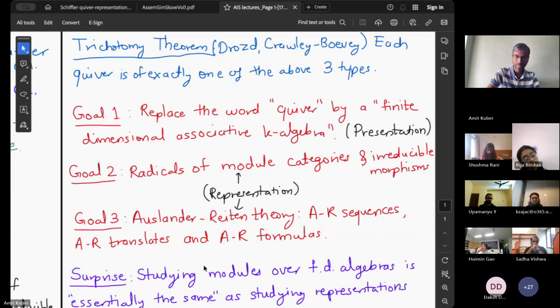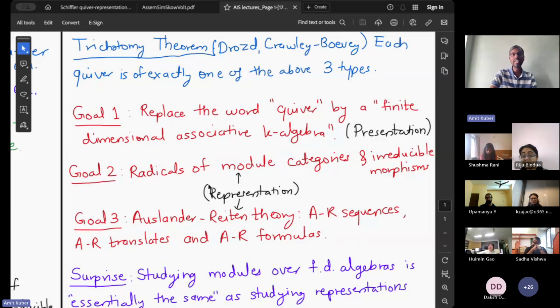Okay. So here we have started talking about the representation aspect of representation theory. Goal one was related to presentations of finite dimensional algebras, whereas goal 2 and goal 3 have to do with representations. Goal 3 is about Auslander-Reiten theory, which is really speaking the main goal of this lecture series.